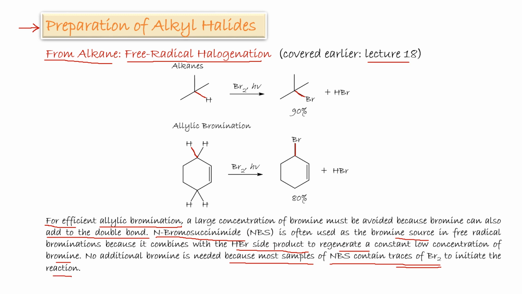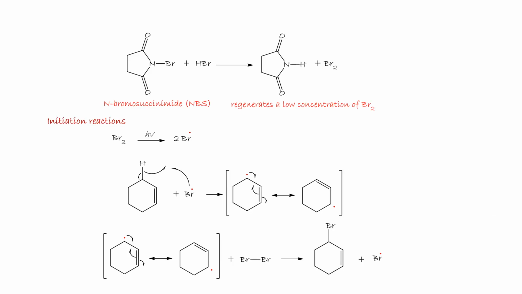So to start with, N-bromosuccinimide always has these traces of bromine. N-bromosuccinimide with HBr gives bromine at low concentration, since the HBr will form as a byproduct during the reaction.